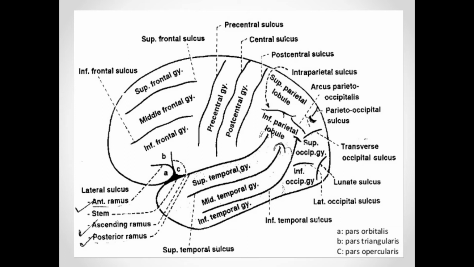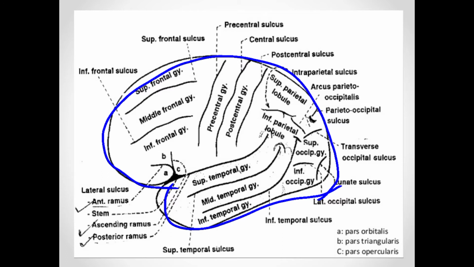So, see here, first you have to draw the cerebrum. After that, you draw the posterior ramus of the lateral sulcus. Next, you draw the central sulcus. Then the parieto-occipital sulcus here and the pre-occipital notch.